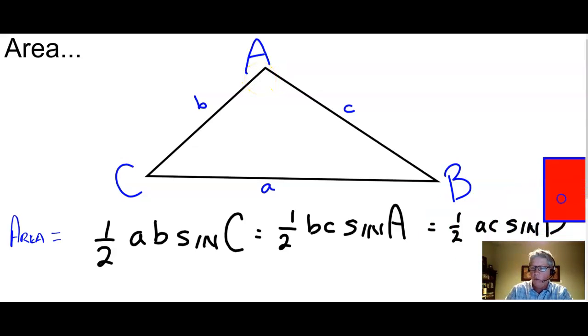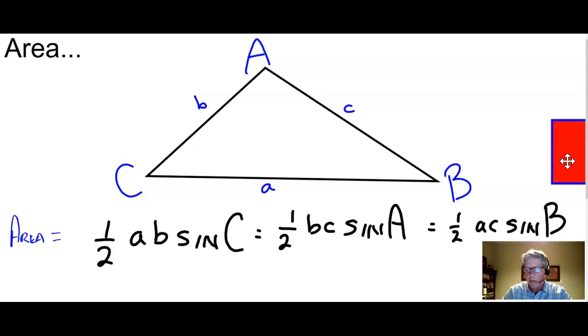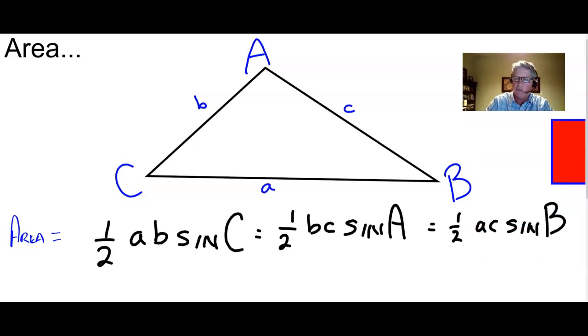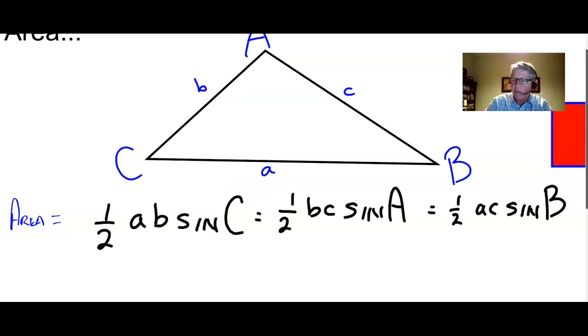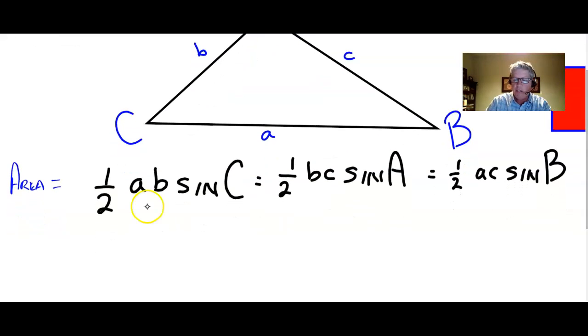Very good. Well, what about a and c and that included angle? They all work. So it's kind of ridiculous to say one formula over the other. You know, two sides, included angle. But it does set us up for something pretty cool. We know this equals this equals this.